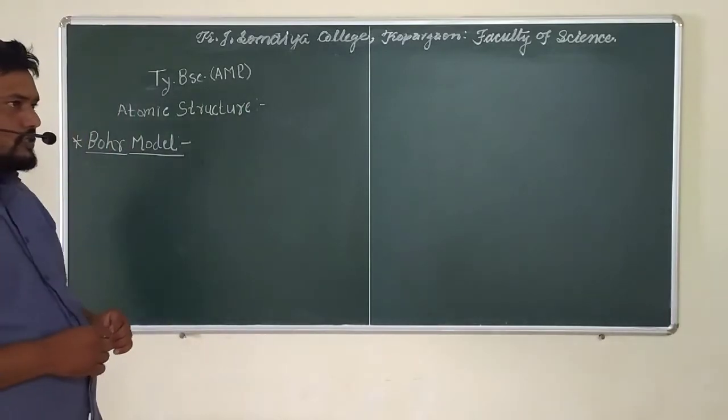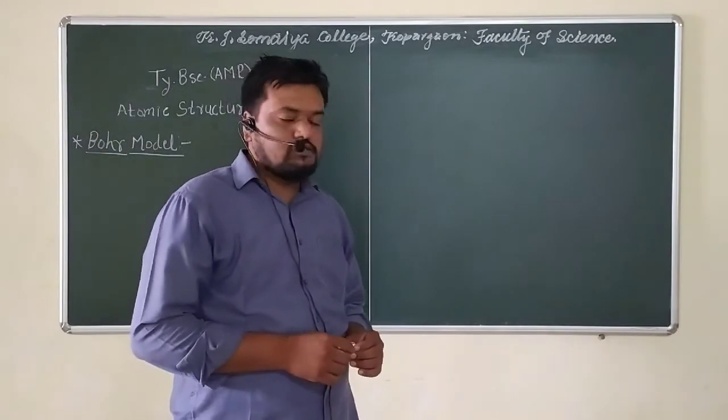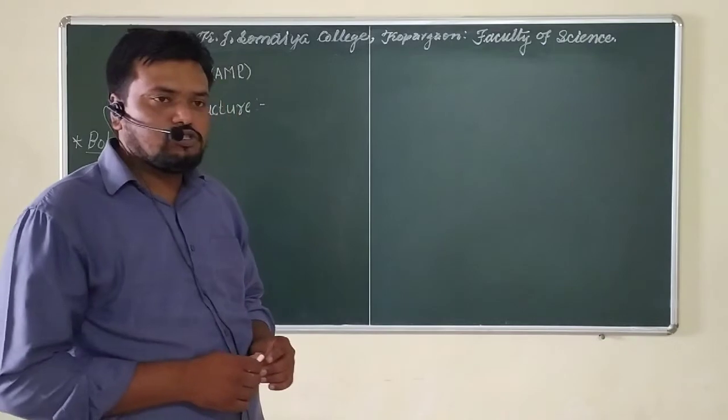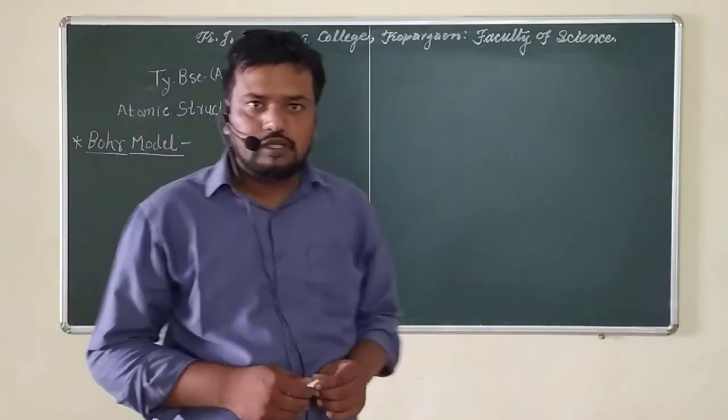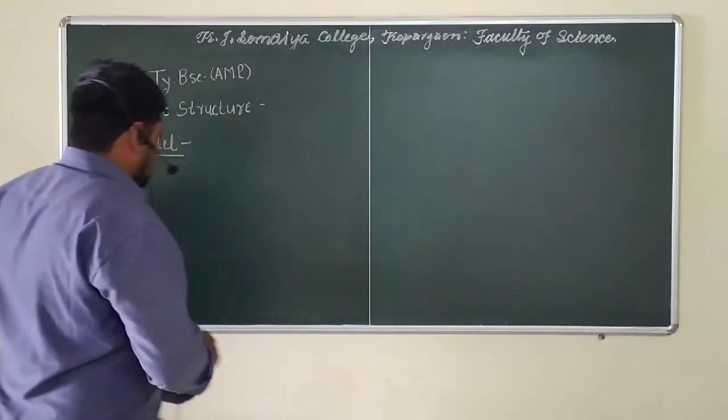According to it, there are three postulates. The first assumption is that electrons revolve around the nucleus under the action of the Coulomb force.